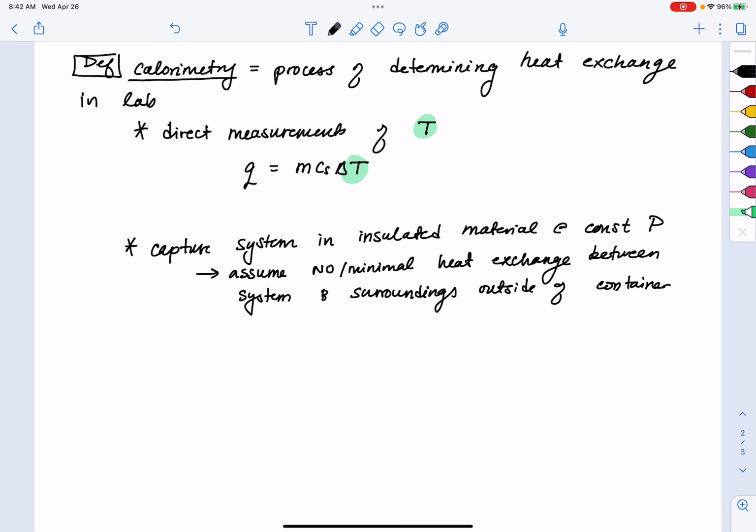Something that we do have to pay attention to, and we'll talk about this more in lab, is that while the calorimeter, this insulative material, allows us to assume that there's no heat exchange between what's going on in our solution with our molecules within the cup itself, that doesn't mean that the cup or the insulated material that our reaction's being performed in doesn't also exchange heat.